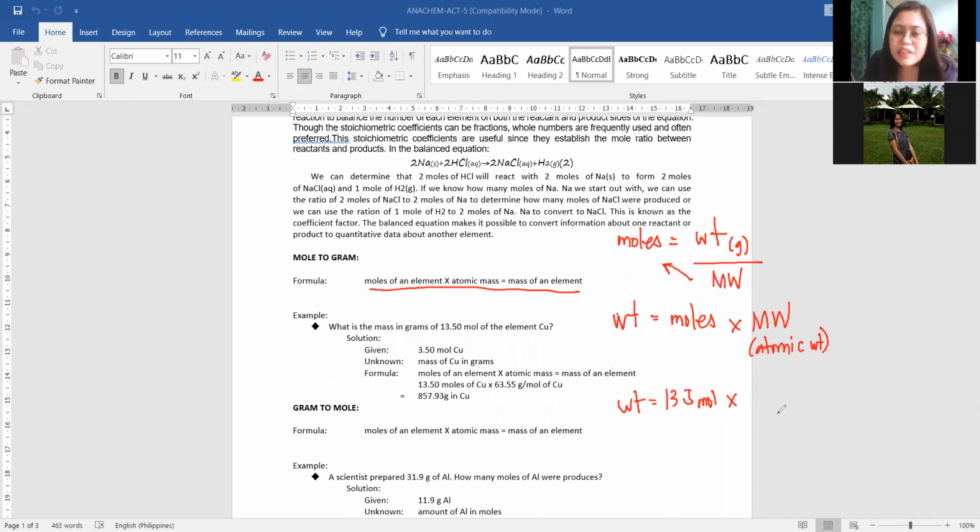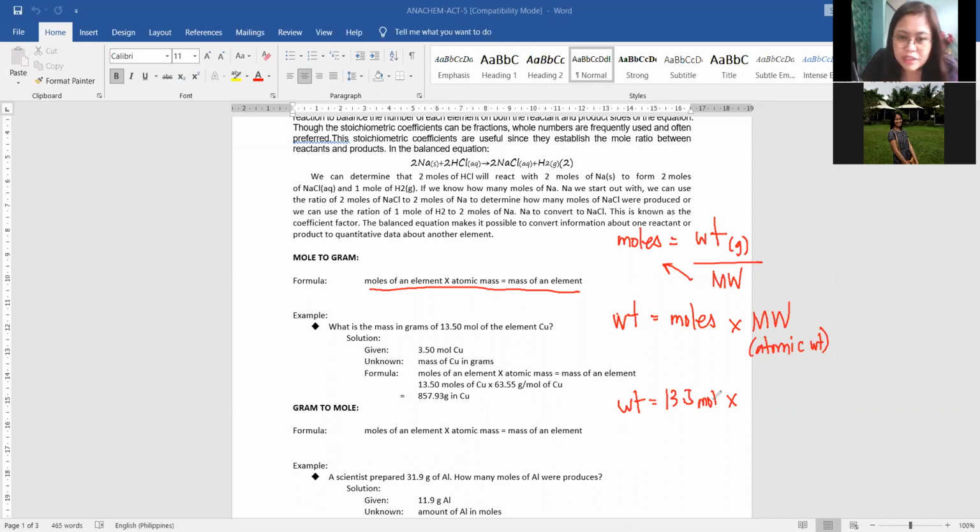So you will look at your periodic table kung unsa ang atomic weight ni copper. Pero my instruction again is for us to be uniform, please round off the atomic weights of the elements to the nearest whole number. Again, it should be to the nearest whole number.